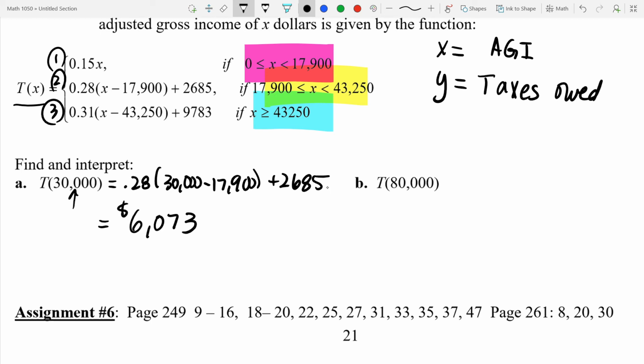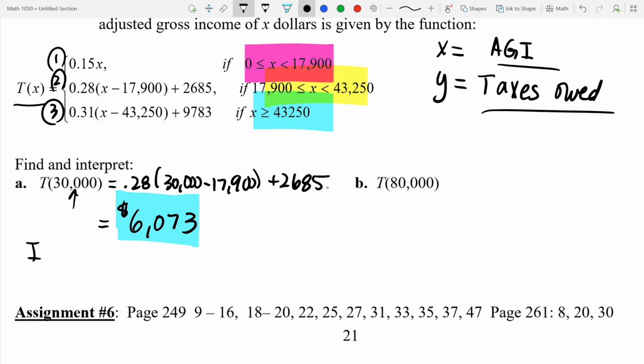You get 6,073. Add a dollar sign. Everything has to have a label on a word problem. My label is money. The dollar sign does not go at the end, it goes at the front. What does this mean?